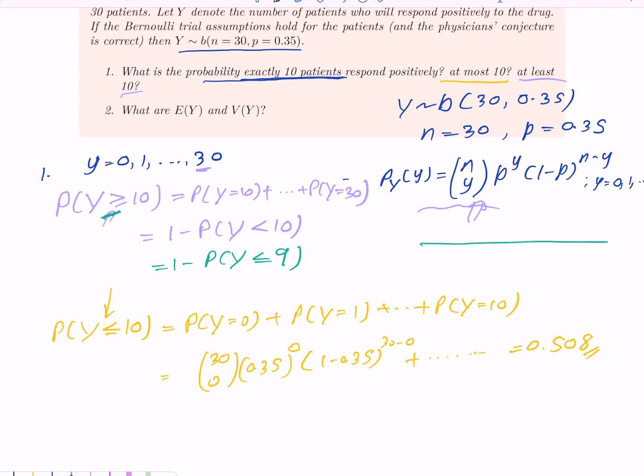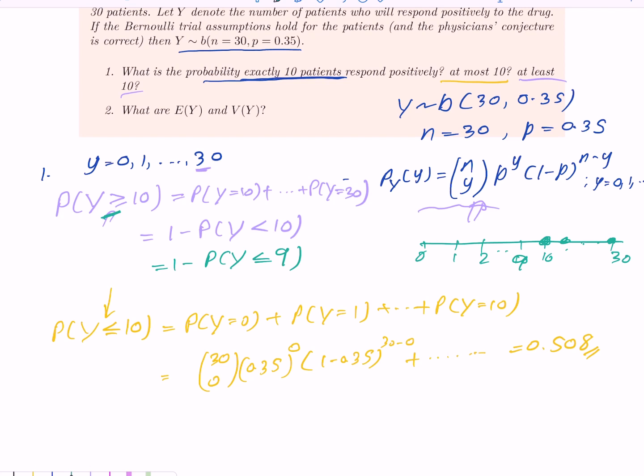Again, discrete. This goes 0, 1, 2, up to 9, 10, up to 30. So y greater than or equal to 10 means 10, 11, 12 up to 30.